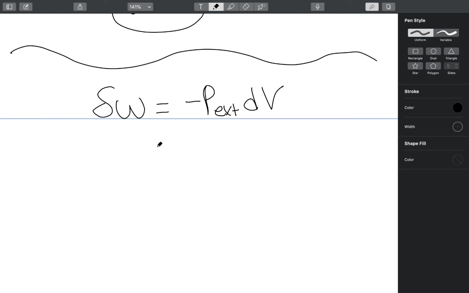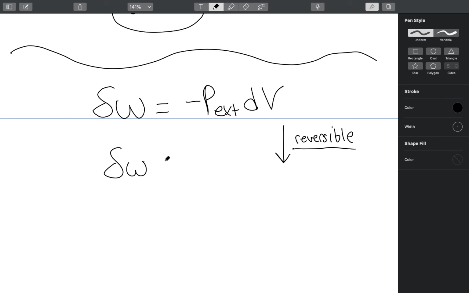You don't need to know the differential expression for Gen Chem class, so let's integrate it to give you the equation that you need to know. We're going to assume a reversible system, and we'll get into this in another video because you don't really need to know what this is for Gen Chem.